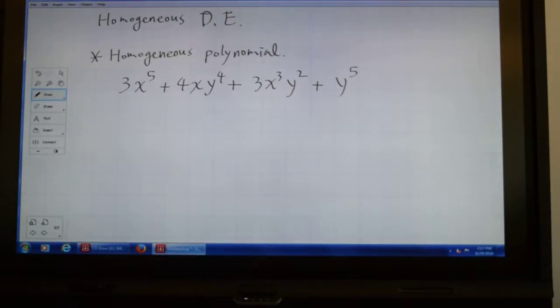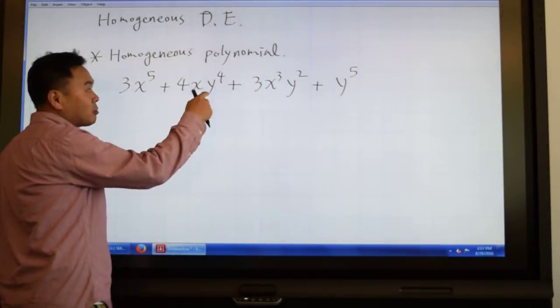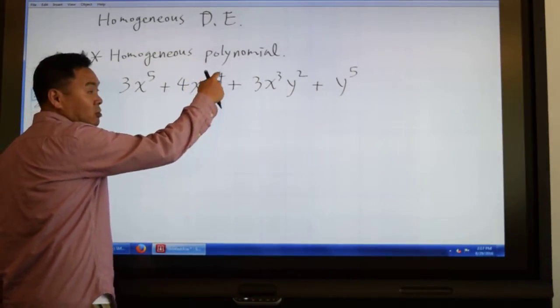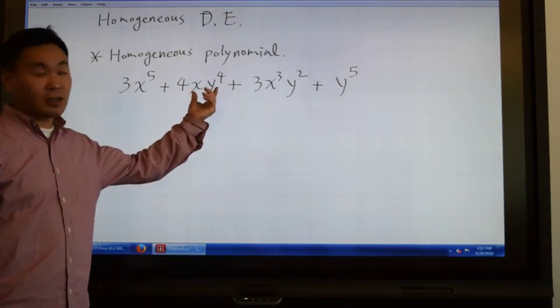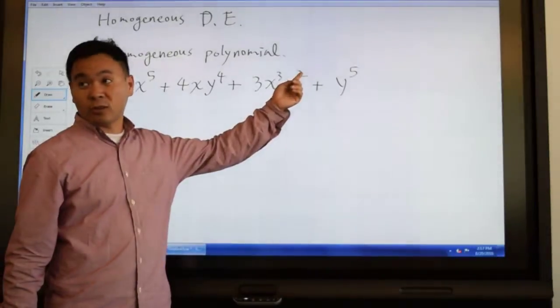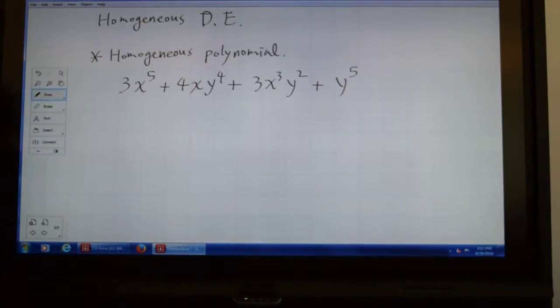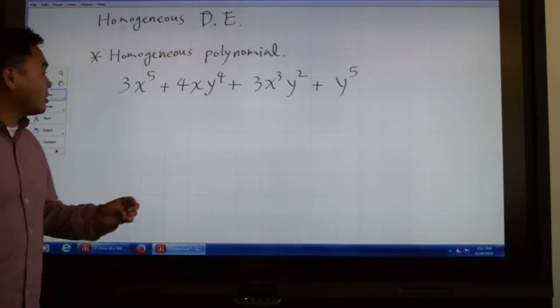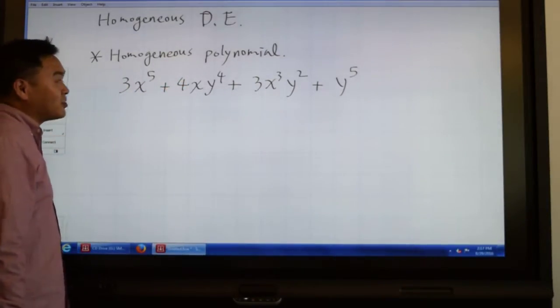That's an example of a homogeneous polynomial because, for example, here, x y to the 4th. What's the total sum of the exponents? X to the 1st power, y to the 4th power. If you add 1 plus 4, you get 5, right? 3 plus 2 is 5. This is 5. That's 5, okay? If you see that all the exponents add up to the same number, then you say this is a homogeneous polynomial of degree 5.